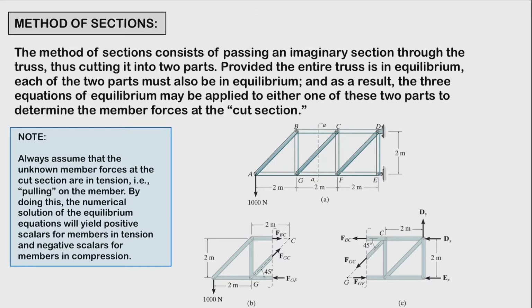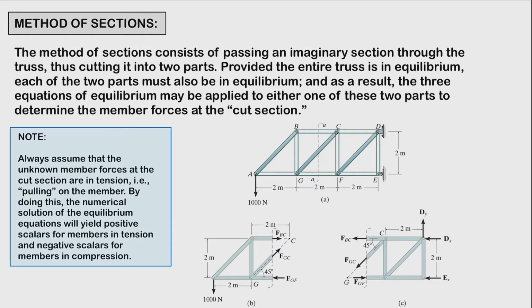So the method of sections consists of passing an imaginary section through the truss, thus cutting it into two parts. Provided the entire truss is in equilibrium, each of the two parts must also be in equilibrium. And as a result, the three equations of equilibrium may be applied to either one of these two parts to determine the member forces at the cut section.